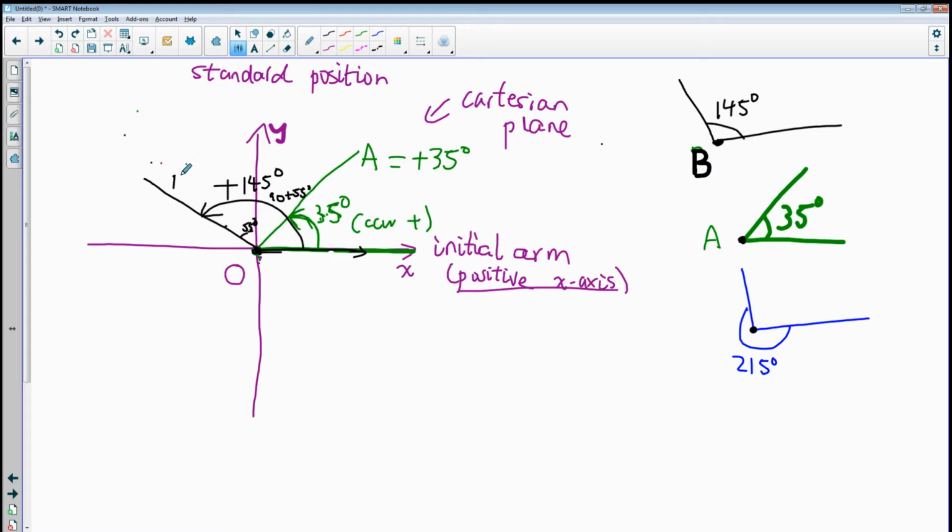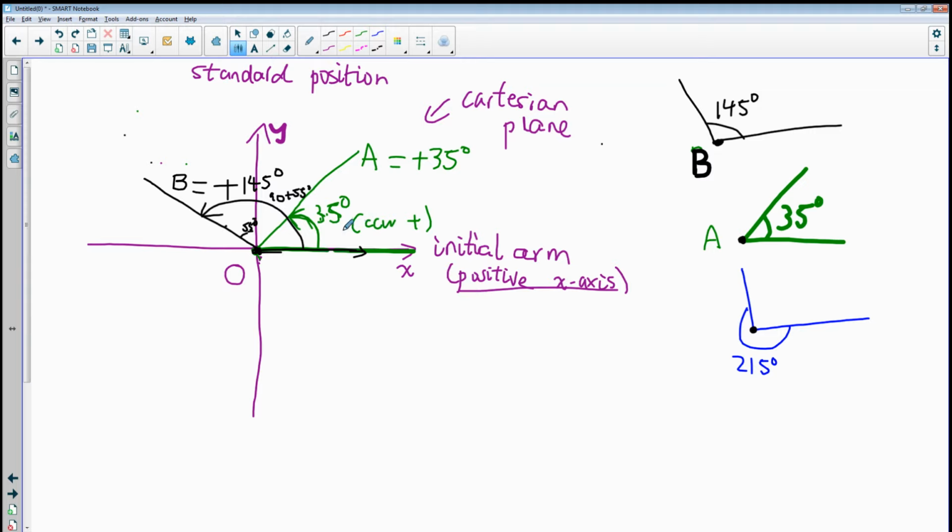And you can write B right there. So you have the green, positive 35 degrees, and now you have B, positive 145 degrees, drawn in this case in black.